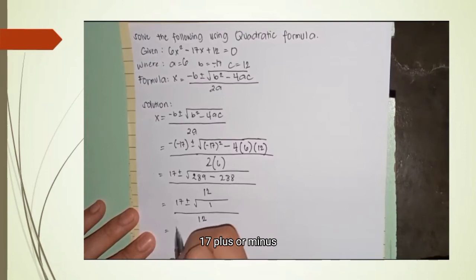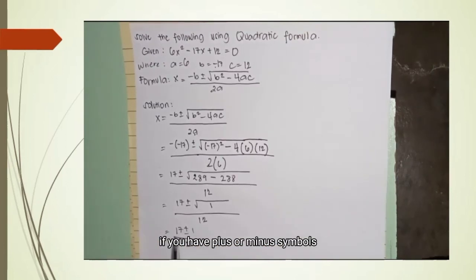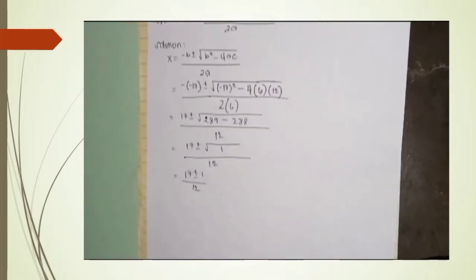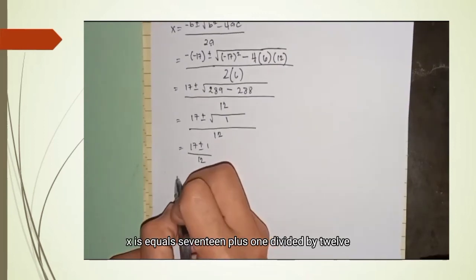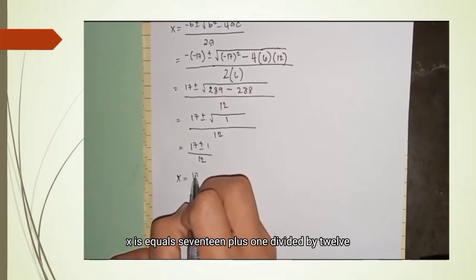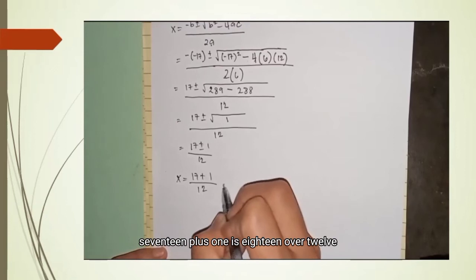17 plus or minus, what is the square root of 1? It is 1, divided by 12. If you have plus or minus symbols, you can break it into two answers. X is equal to 17 plus 1 divided by 12. 17 plus 1 is 18 over 12.